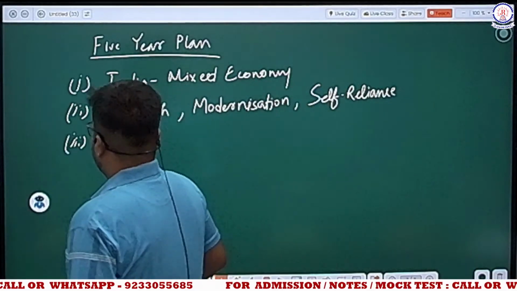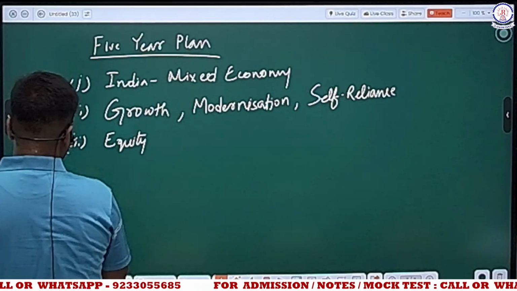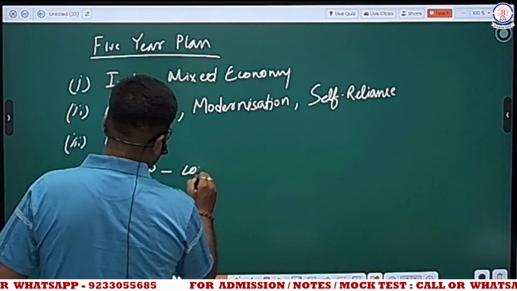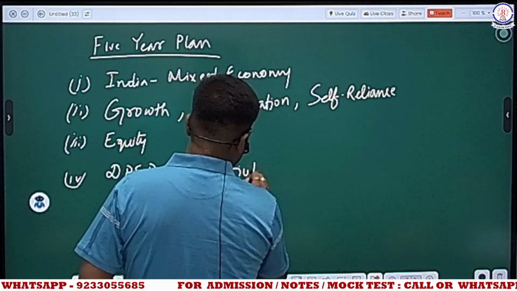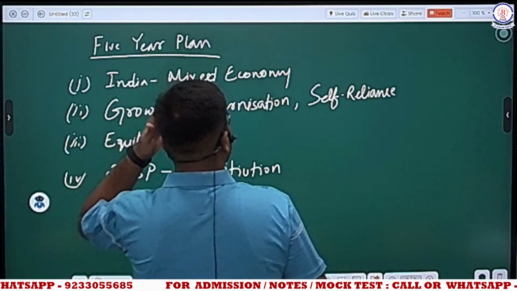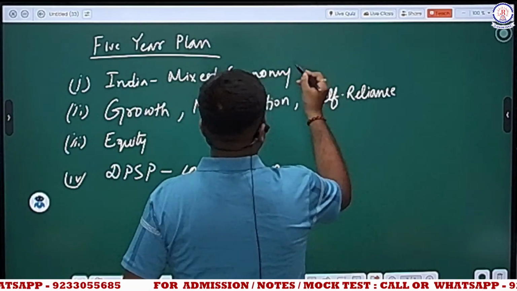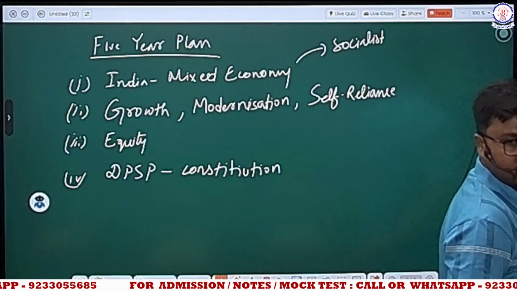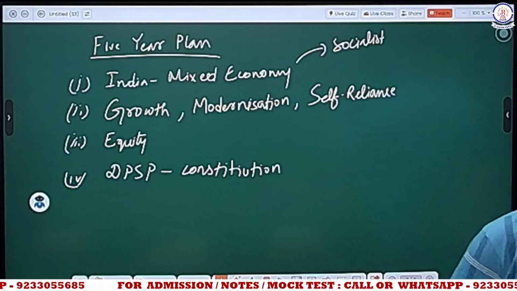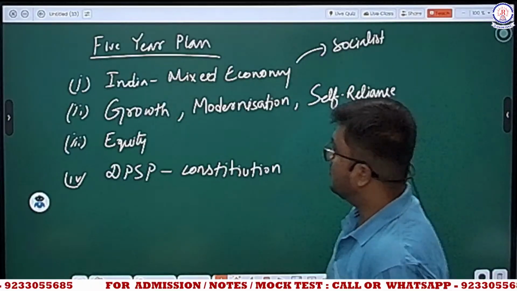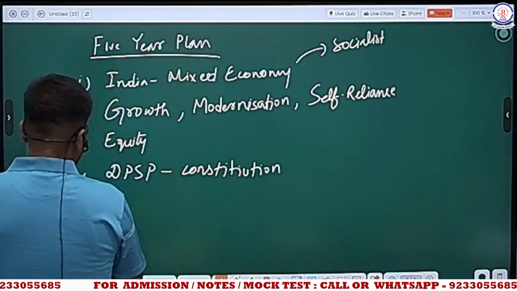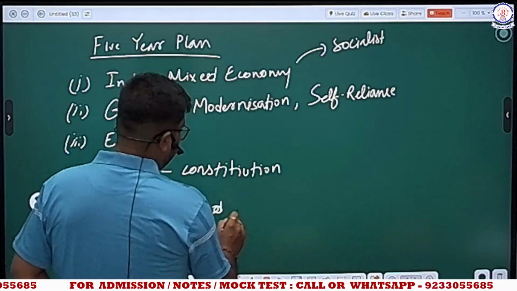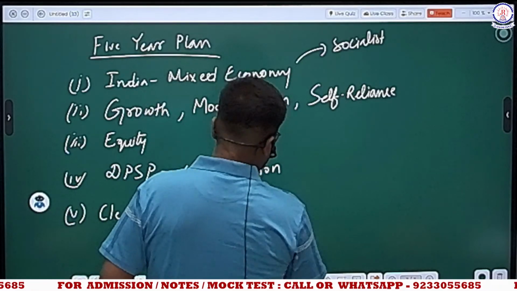Also, during this time DPSPs were introduced in the Indian Constitution mainly because of the socialist ideals or the development ideals or the welfare approach of the government, and also all the 5-year plans had clearly defined goals.